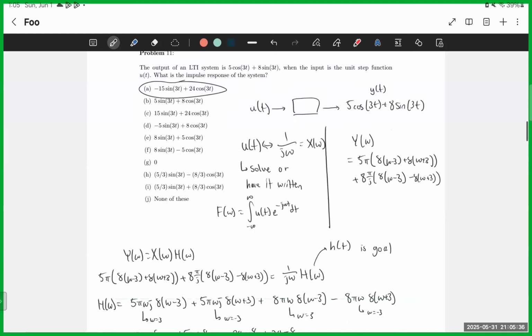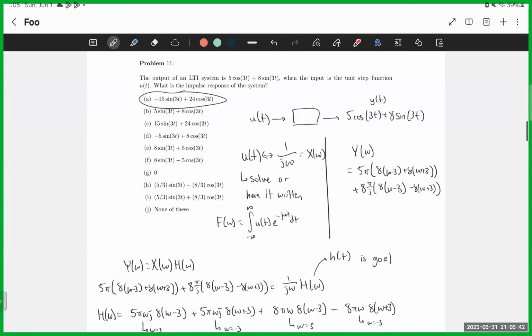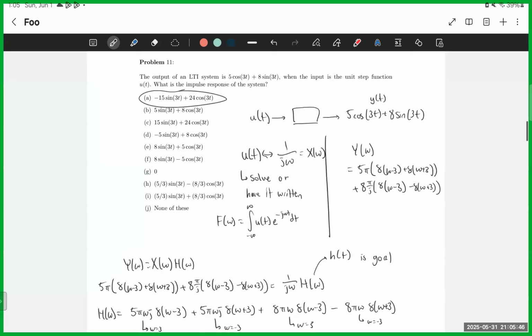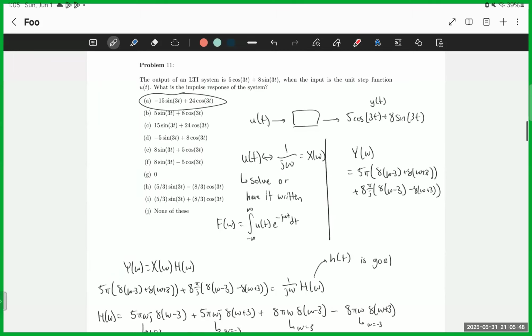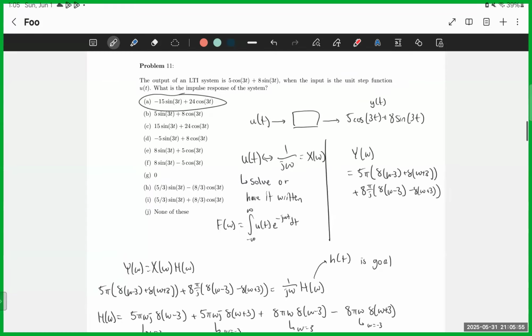So it's the integral from negative infinity to infinity of the unit step function of t minus tau, multiplied by the impulse response h of tau, d tau. I set that equal to my output, which is the 5 cosine 3t.